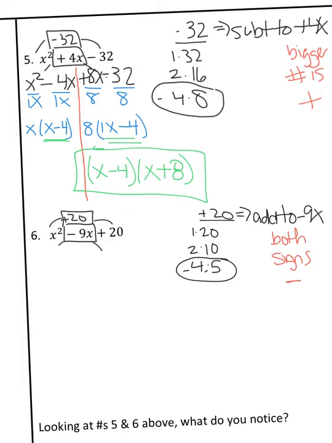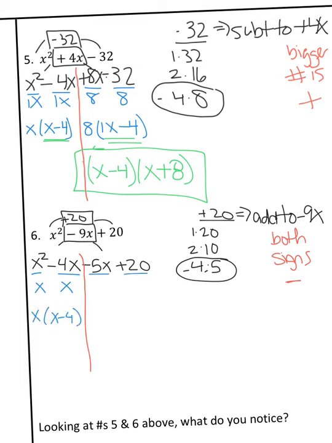Right? So we split this apart. We have x squared minus 4x minus 5x plus 20. Right? And then I draw my wall down the middle here, and then divide out a GCF of x out of both of these. So I have x times x minus 4.